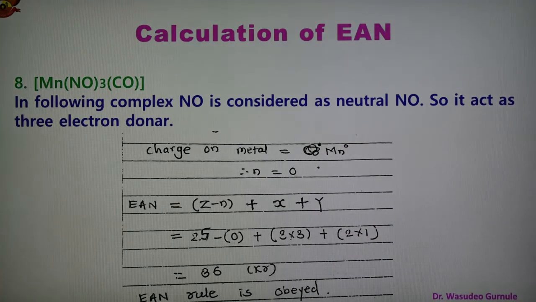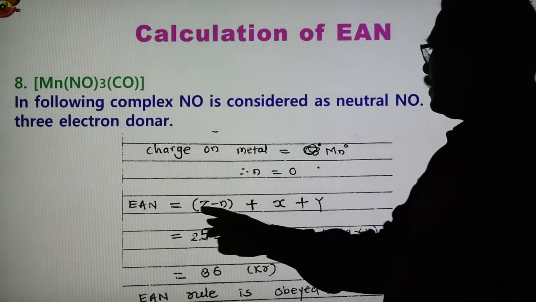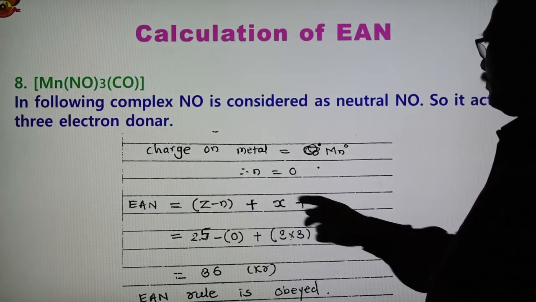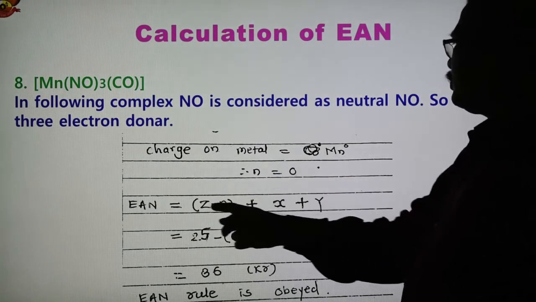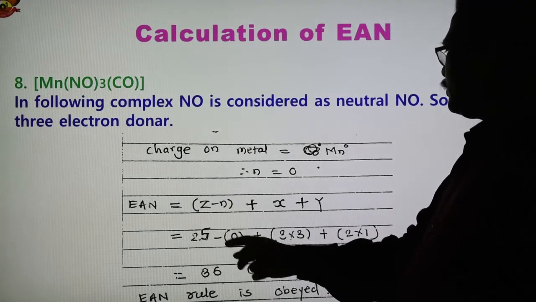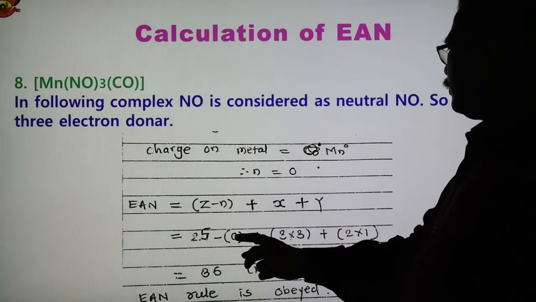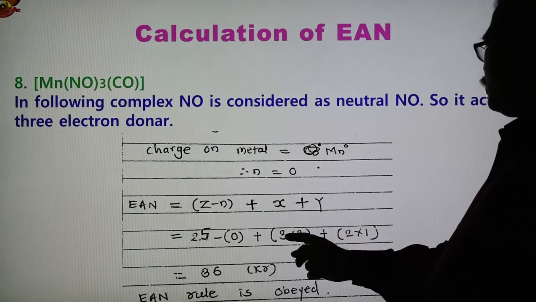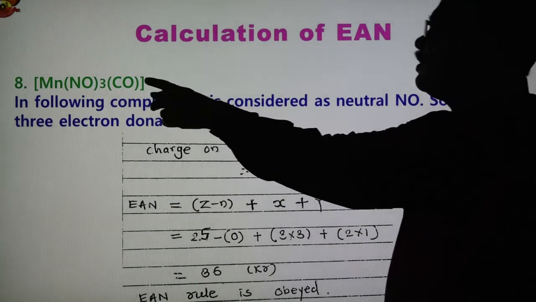And the formula to calculate EAN is Z minus N plus X plus Y. The atomic number of Mn is 25, minus N which is 0, plus 2 into 3 and 2 into 1 for the other ligands.